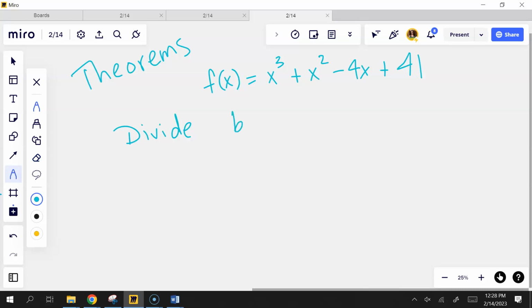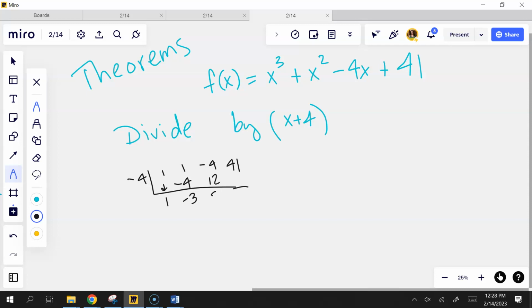Divide this by x plus 4. Just quick, on your own. Mark, set, go. Is that better?